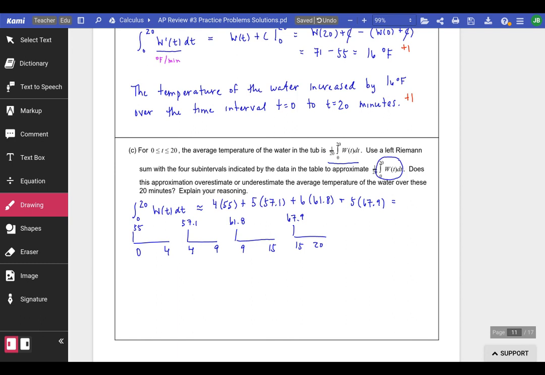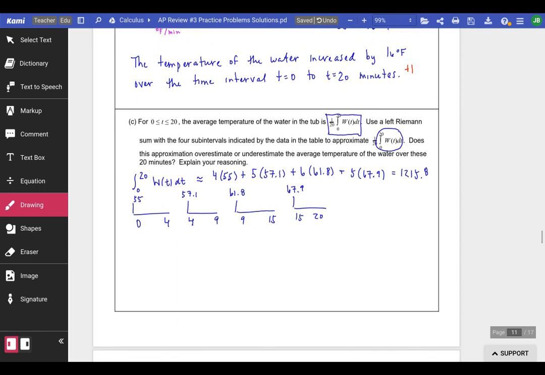And it looks like I get 1,215.8. Now I have to be careful because I haven't quite yet answered the question. I need to approximate this whole expression, so I have to take 1/20 times 1,215.8. And that gives me approximately 60.79. And that's the average temperature of the water.